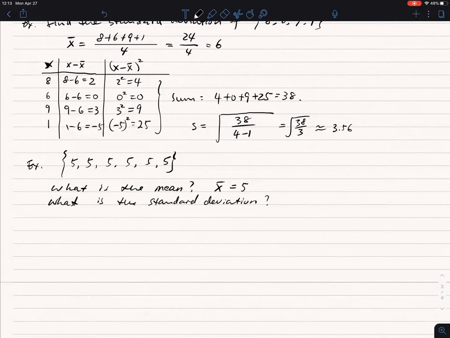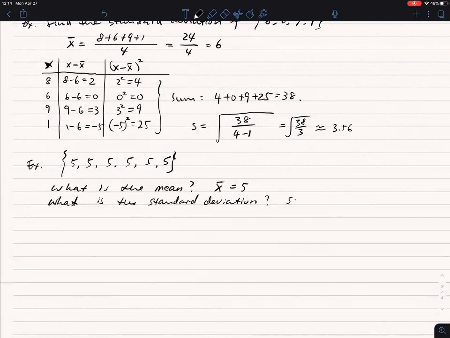So the square is still going to be zeros. But you don't even have to go that far. Why 0? Because the data values are all the same. So there's no dispersion, right? The mean is going to be the same, and all the data values are the same as the mean. There's no dispersion, which means the standard deviation is 0.